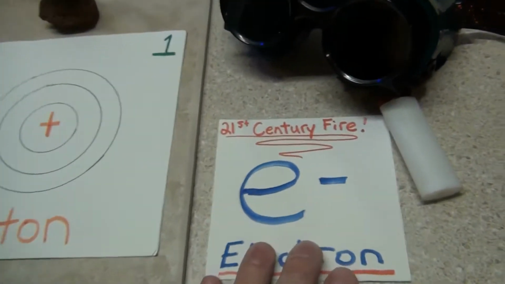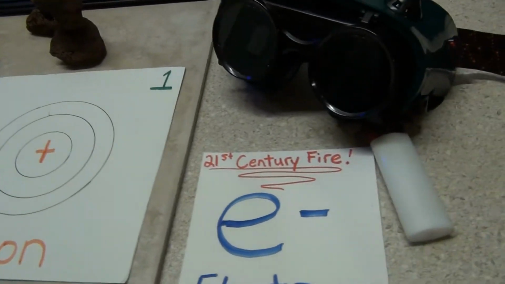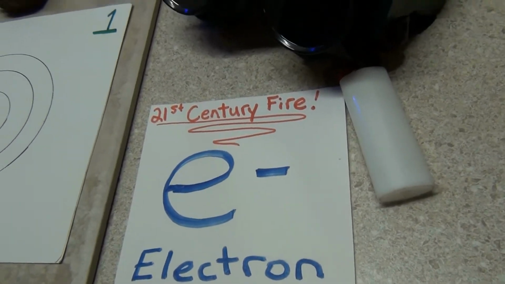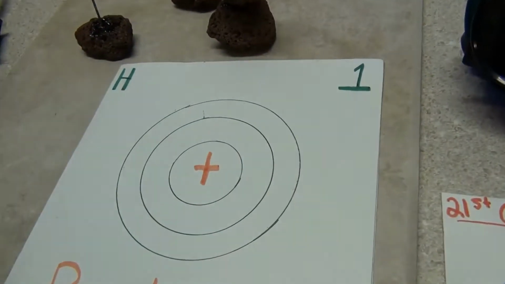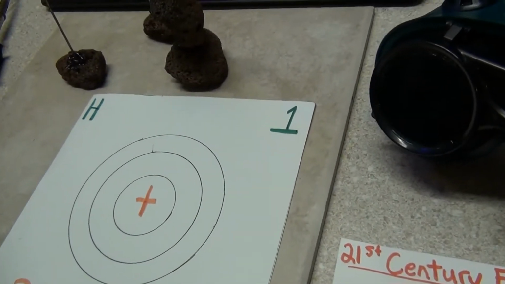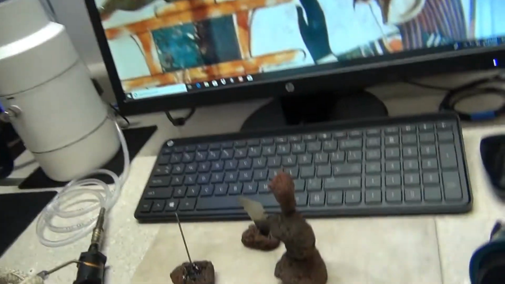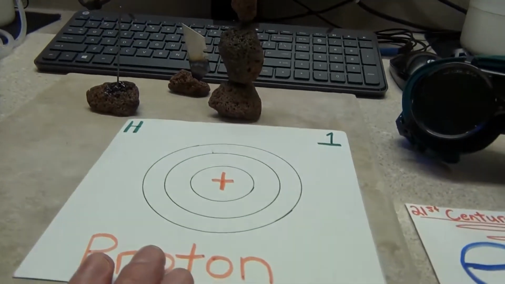But the electron, that's what's important. Think about that, the electron. 21st century fire. In the electrolysis process, we're not making any changes to the nucleus. That's what's important here. The hydrogen, the oxygen atoms, so there is no radioactivity. But the atoms are in a very reactive state. That's from gaining and losing electrons.